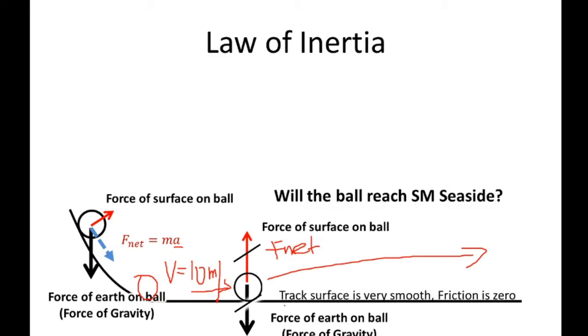But since our situation right here is very smooth, friction is zero and air resistance is zero, so the velocity here will be constant. The object will be moving at a constant velocity of 10 meters per second forever unless there is a barrier along the way that would tend to stop the ball.